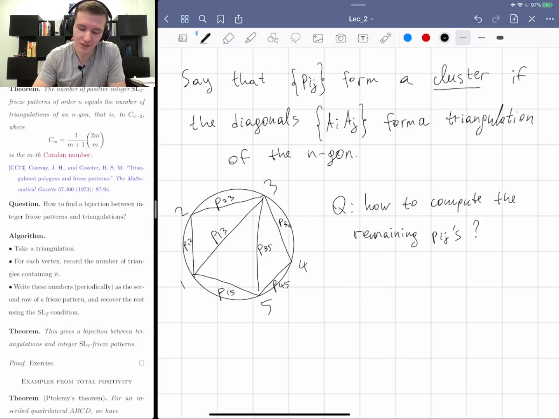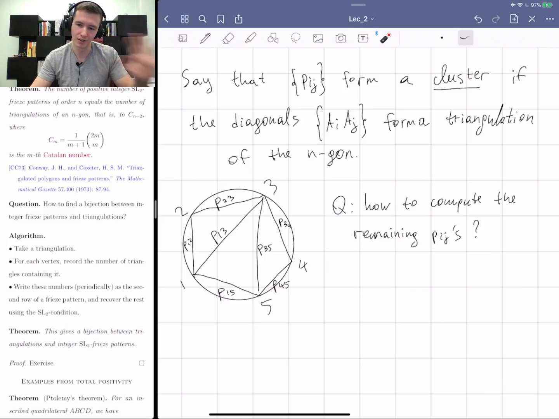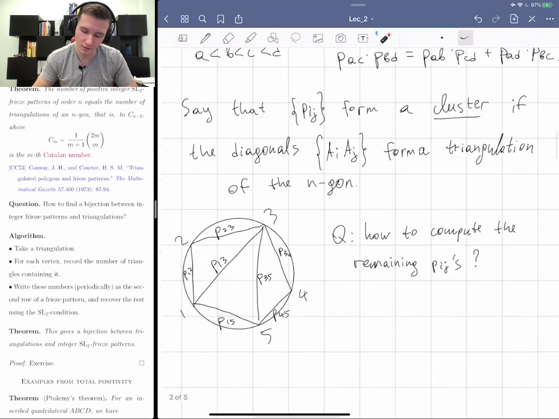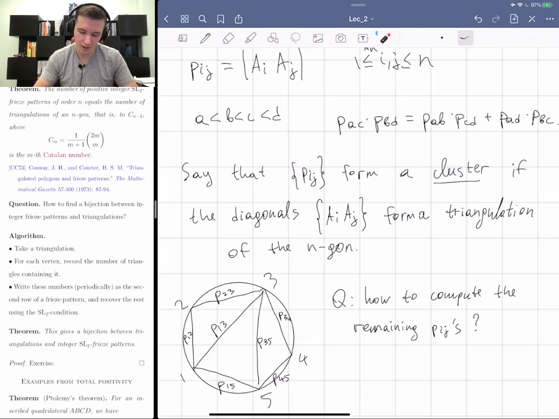Yeah, that is true: if I only fix P12, P23, and so on, then they uniquely determine the inscribed n-gon, so in principle I'm already supposed to be able to compute the rest. But maybe in 10 minutes from now, I'm going to leave the world of planar geometry, and then that's no longer going to be true. This relation is going to stay, but the other secret relations that come from planar geometry are not going to be true.